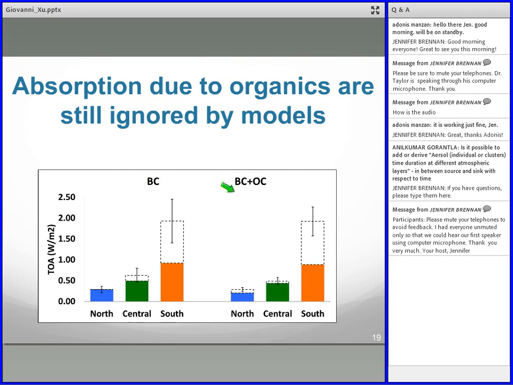We know that black carbon and organic carbons are often co-emitted species, especially from biomass burning sources. So from a policymaker's point of view, it's not an important issue for black carbon if much of its warming is largely masked by the co-emitted organic component.